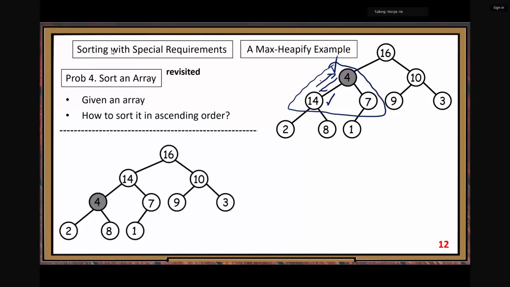After the swap operation, in this local region it is fixed, but remember, the problem can move down one level. Here I use this gray color, so I can call this node a dirty node.